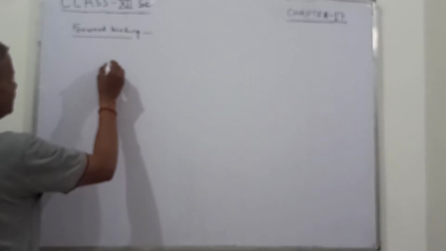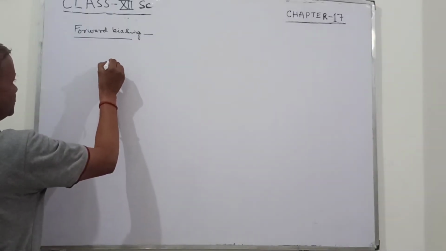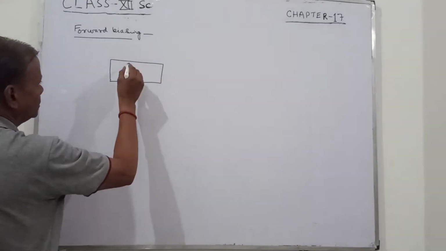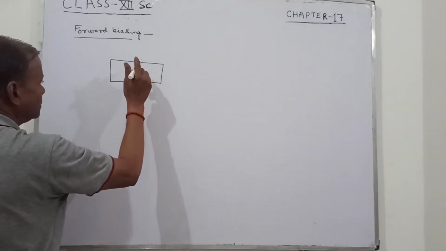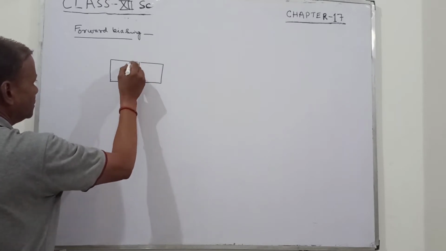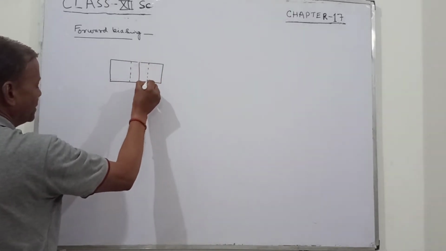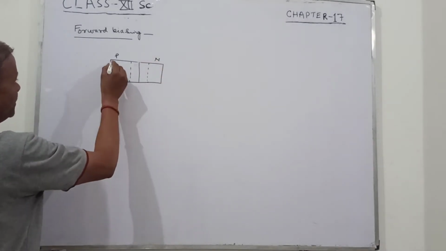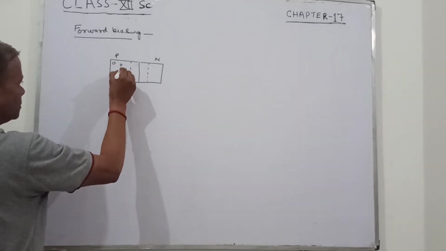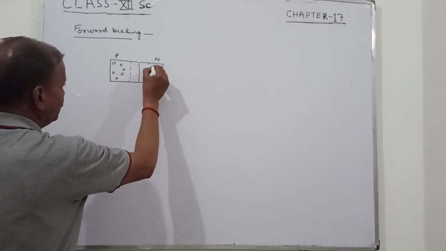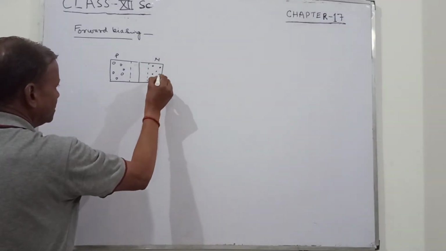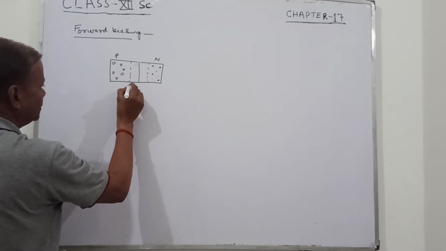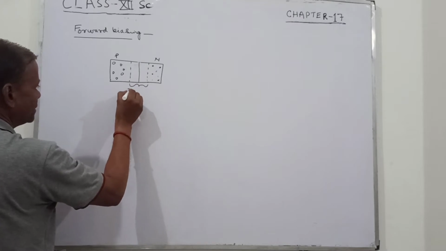Now here we have the depletion layer. This is P, this is N. In P we have the holes, and in N we have the electrons, and this is the depletion layer.